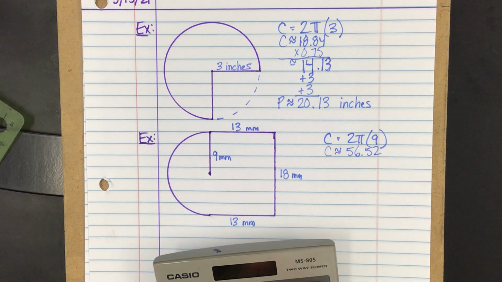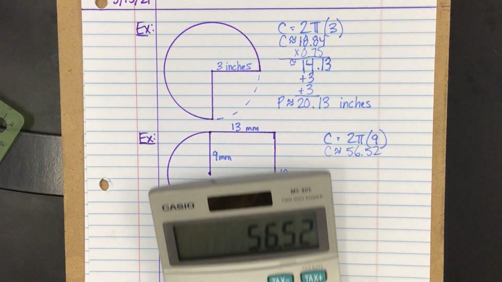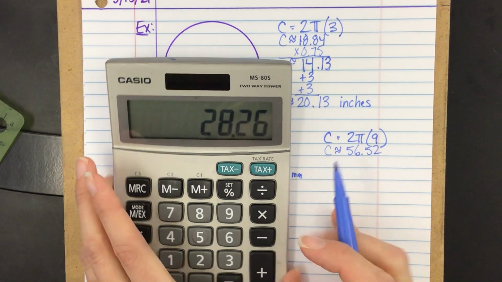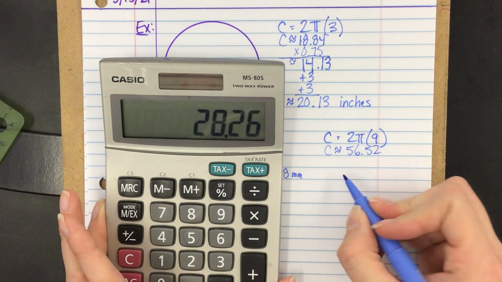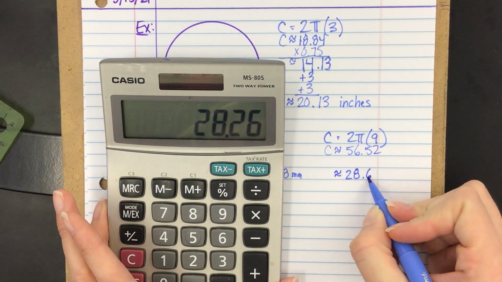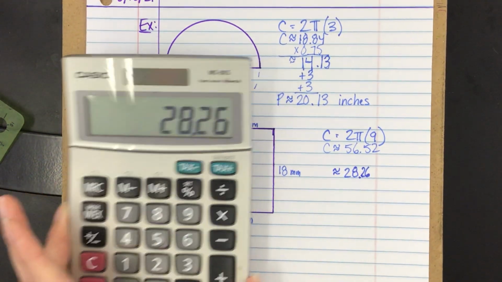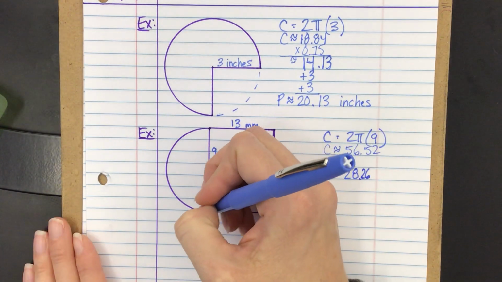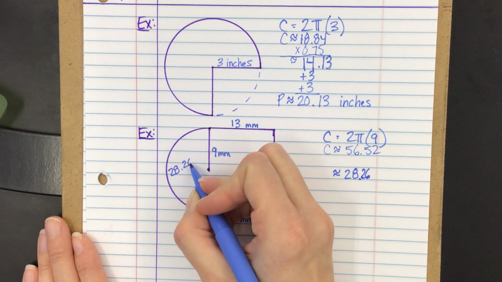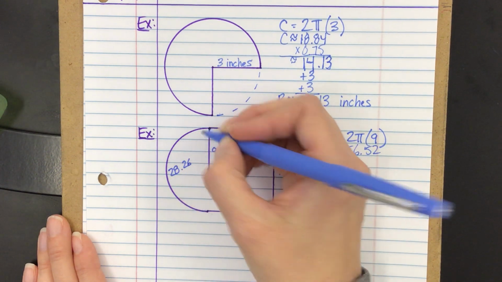But like I said, we're only using half of that. So I'm going to divide this circumference by 2, and I'm getting approximately 28 26/100ths. Which means that's this distance right here, from this point to this point.